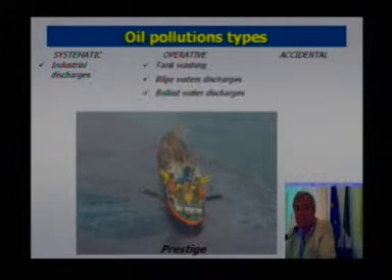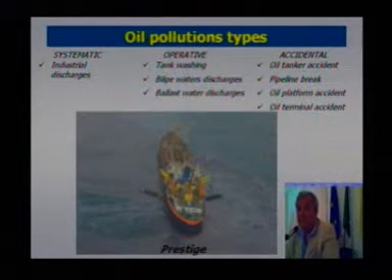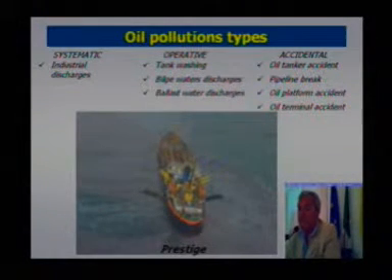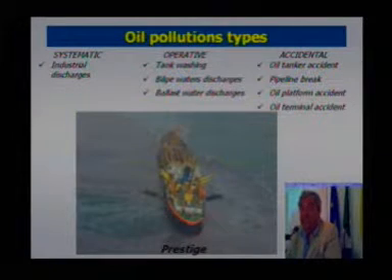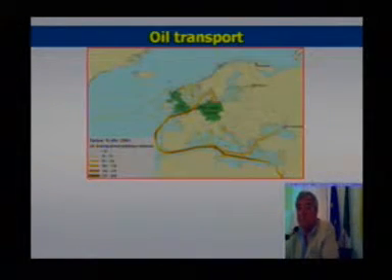By type of oil pollution, we can have systematic, like that due to industrial discharge; operative, like tank washing, bilge water discharge, and ballast water discharge; and accidental, like oil tanker accidents, pipeline breaks, oil platform accidents, and oil terminal accidents, as we can see during these days.